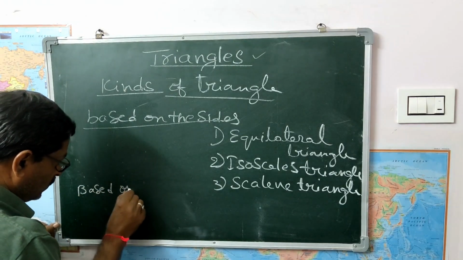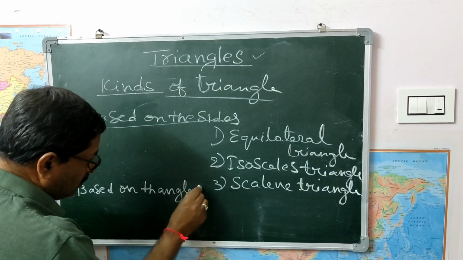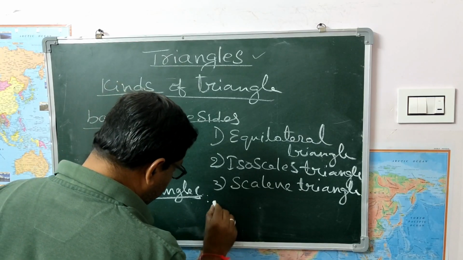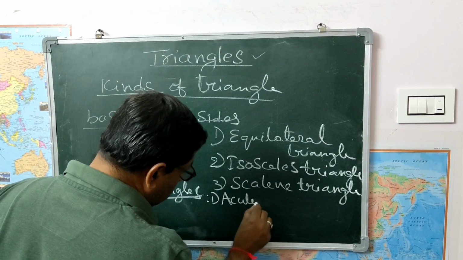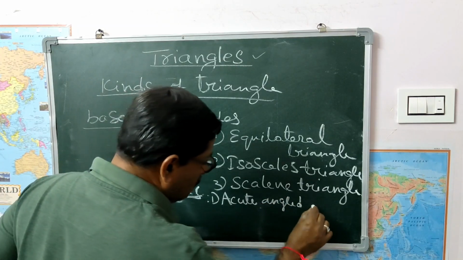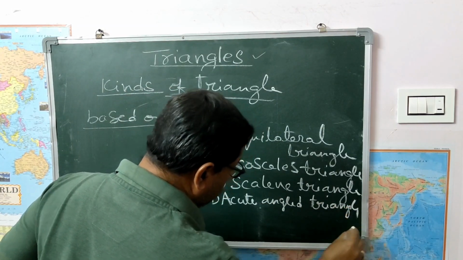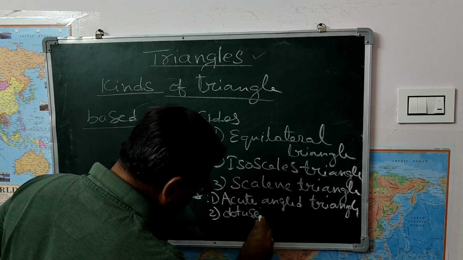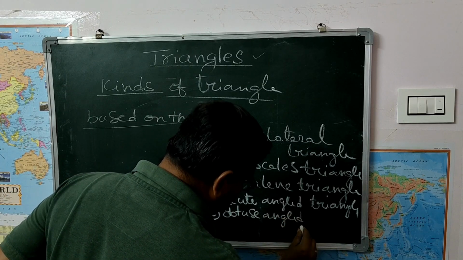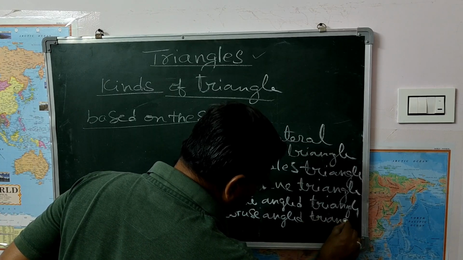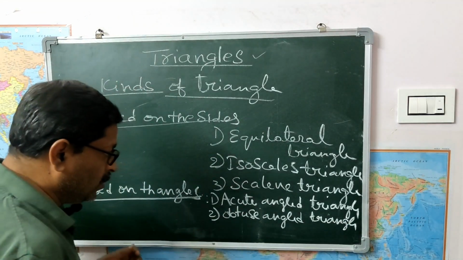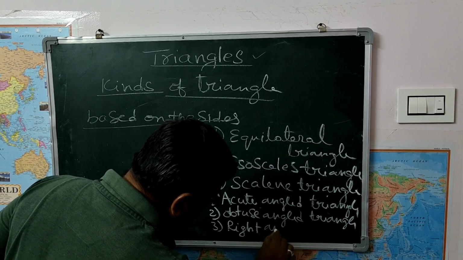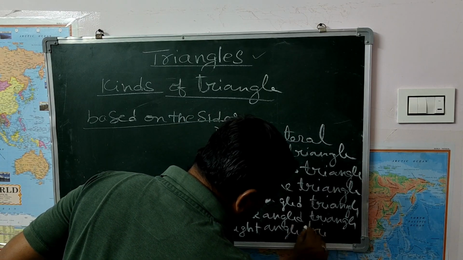Based on the angles, we classify them as one, acute angled triangle; two, obtuse angled triangle; and lastly, right angled triangle.